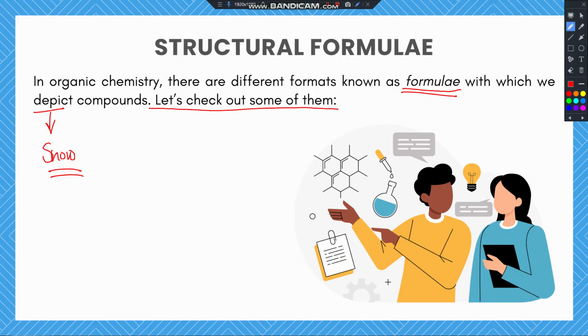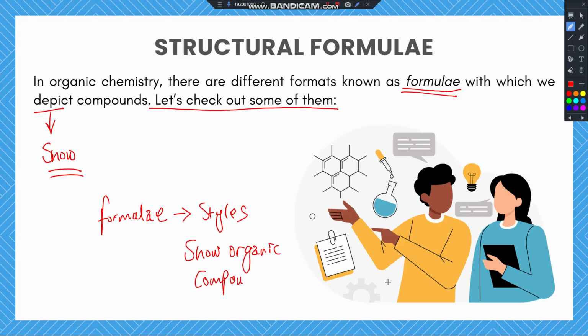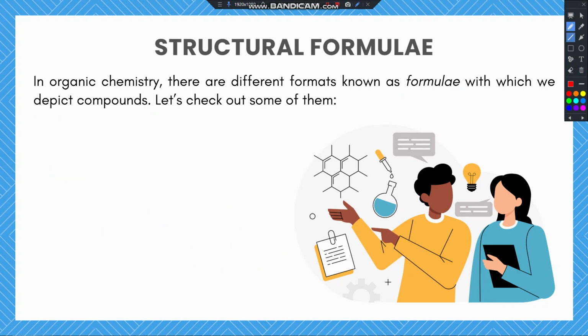So when we talk about the formula in organic chemistry, we are simply referring to the styles with which we show organic compounds. And we want to talk about some of those styles, some of those formats, some of those techniques with which we depict organic compounds in organic chemistry.